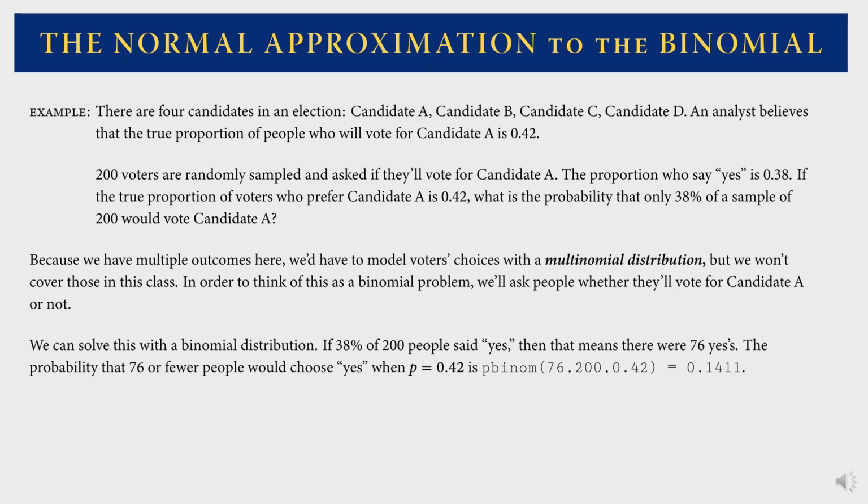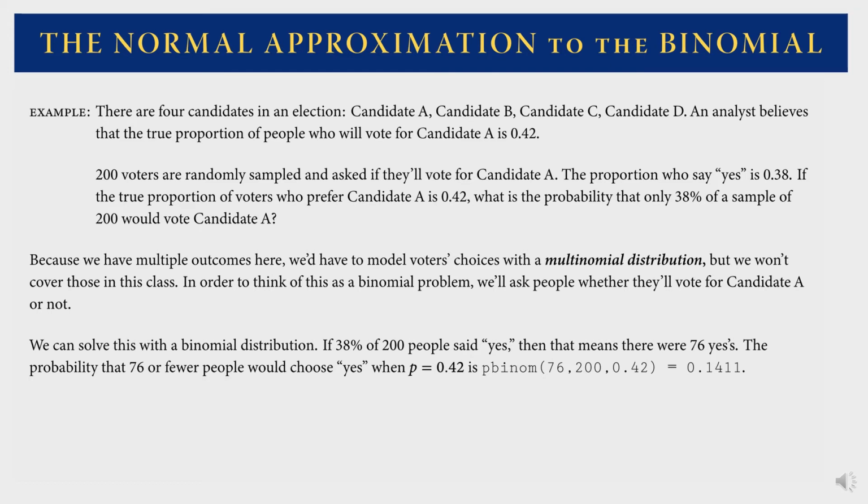But we can use the binomial distribution for this. N equals 200, and 38% of 200 is 76. With pbinom, we find that the probability of no more than 76 successes from 200 trials is 0.1411.